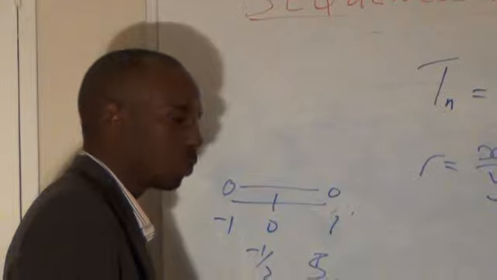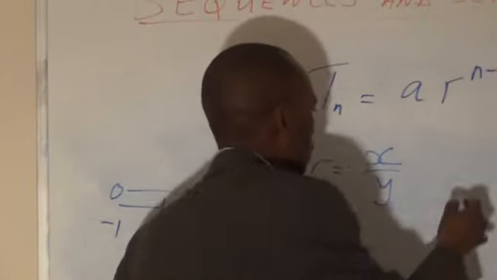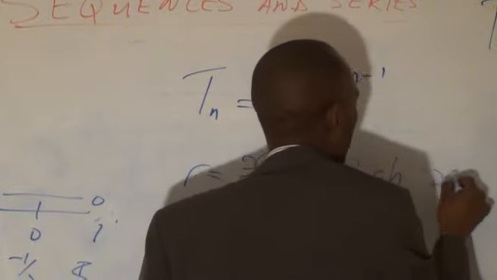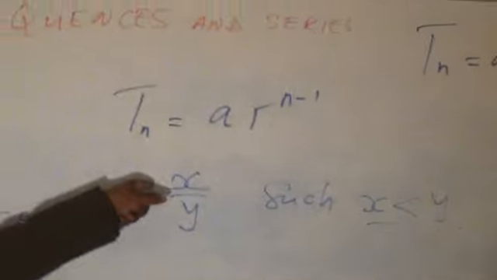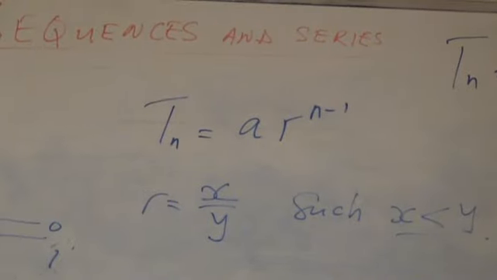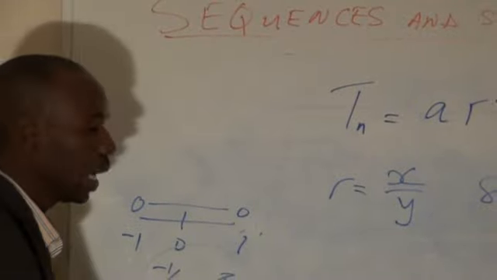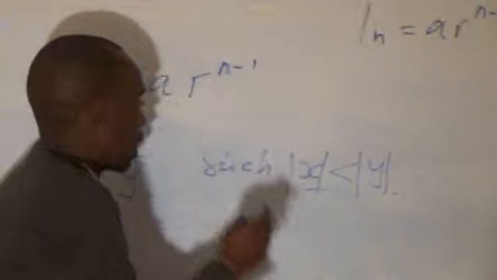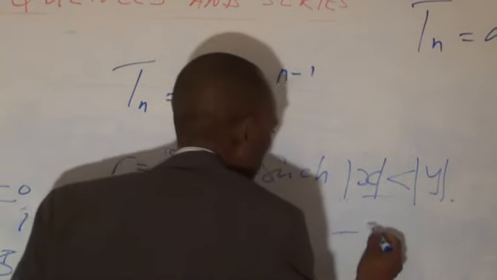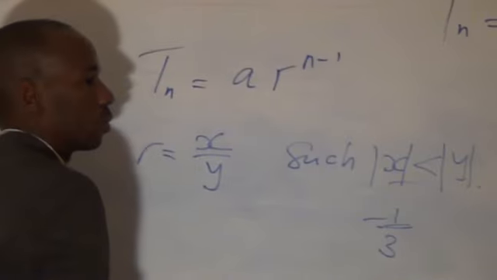We can see that. So suppose we have x and y such that x is less than y, then obviously our fraction becomes a simple fraction. Or, let's talk of the absolute value, because if I have minus 1 over 3, it's still the same.